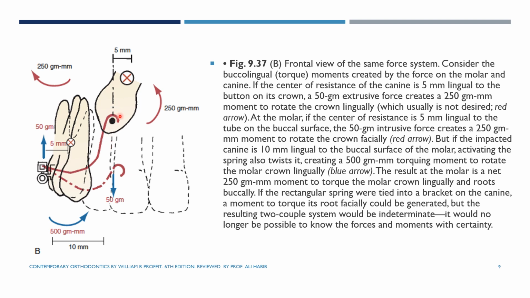So maybe instead of moving the canine down, the molar might intrude and displace lingually significantly. So knowing now the amount of force felt by each unit and the direction of movement in 3 dimensions will help you to plan your case.